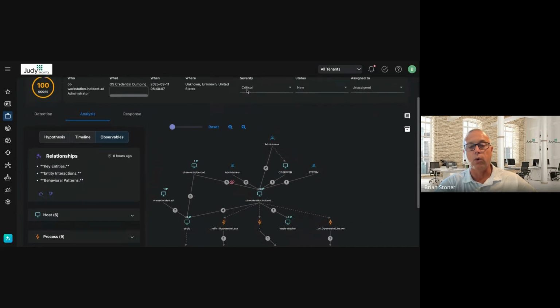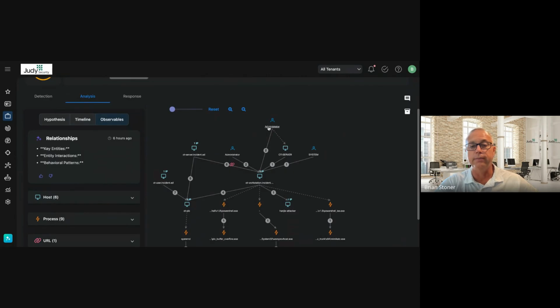It gives them the origins of where the event started, how it's propagated from that compromised device to other devices, and any other services or things that the attacker has done to remain persistent or to begin to try to exfiltrate data from the target systems.